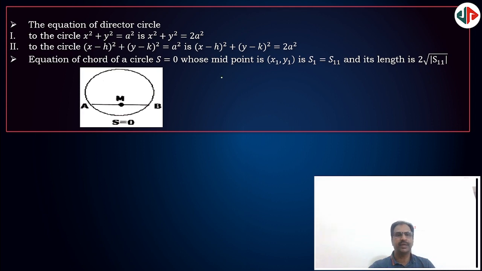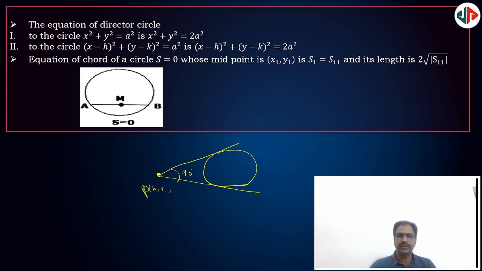Next, equation of director circle. What is a director circle? Let P(x1, y1) be any point from which tangents are drawn. If the angle between the tangents is 90 degrees, then the locus of P, what is this point?